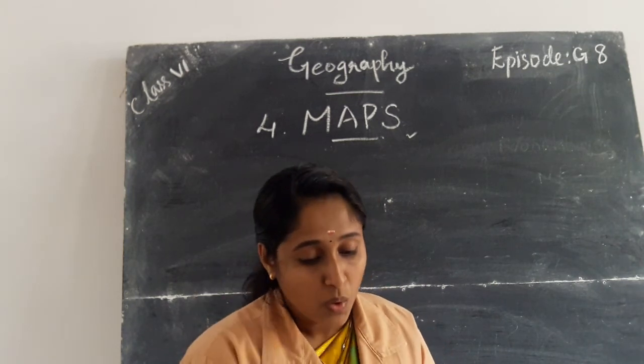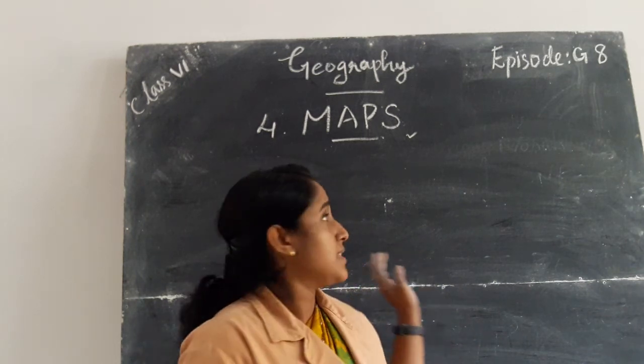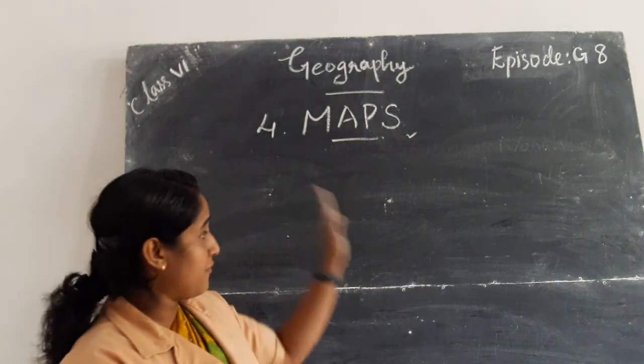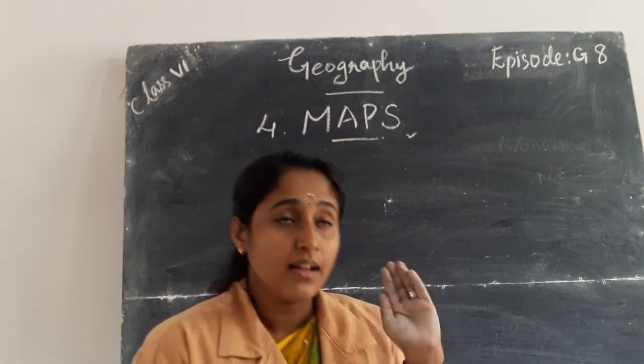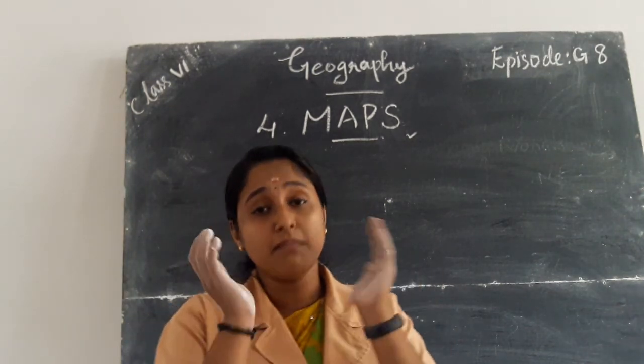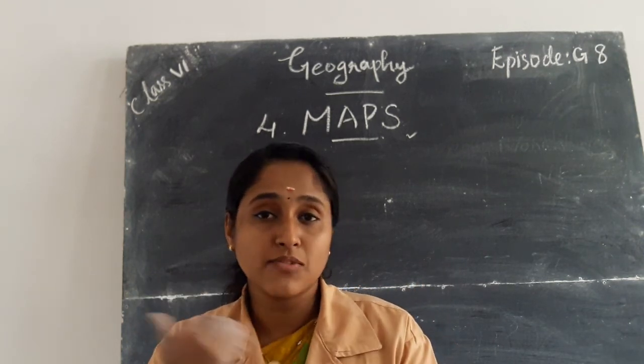The last component was symbols. Each and every symbol shows a different kind of thing that we can identify on a map: buildings, rails, roads, forests.